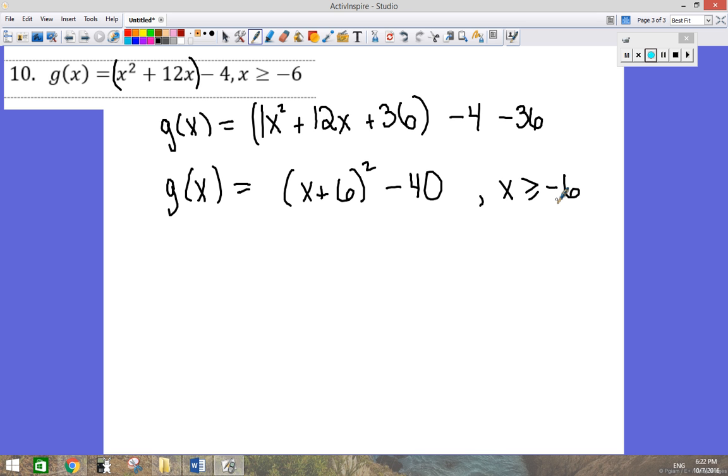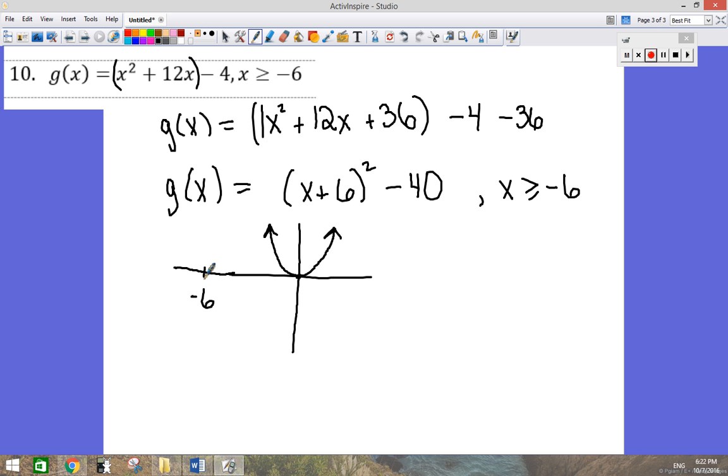Bizarro world, remember? Let's sketch this graph of g knowing what we know about function transformations. I know the parent function, x squared, opens upward with its vertex sitting at the origin. I know the plus 6 is a horizontal shift to the left.